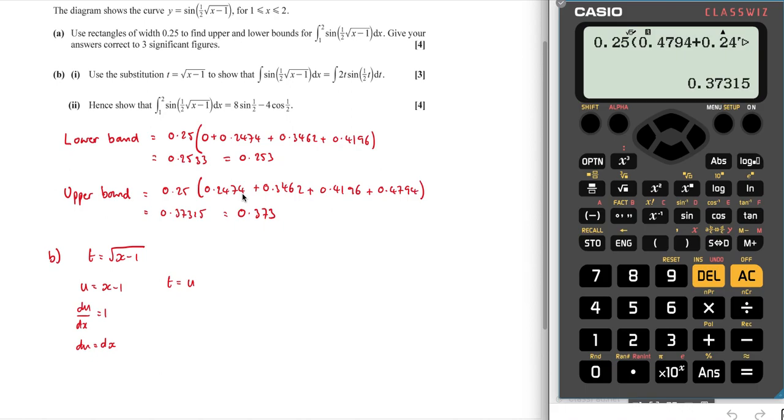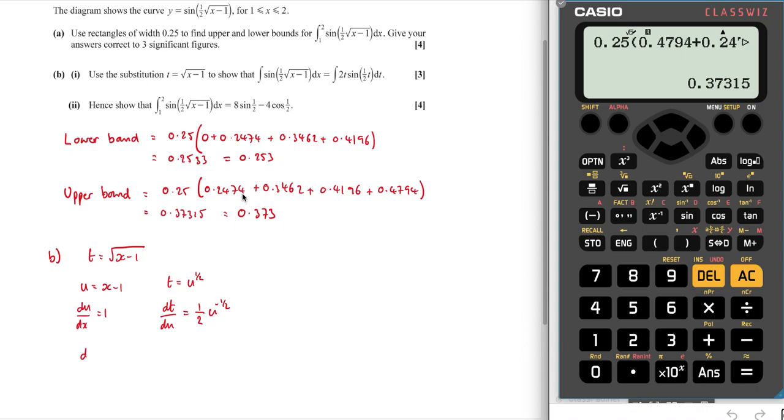So t is u to the half. Don't need that. du by du equals dx. So dt by du is going to be a half u to the minus a half because we're doing the chain rule here. So there, what do I want?